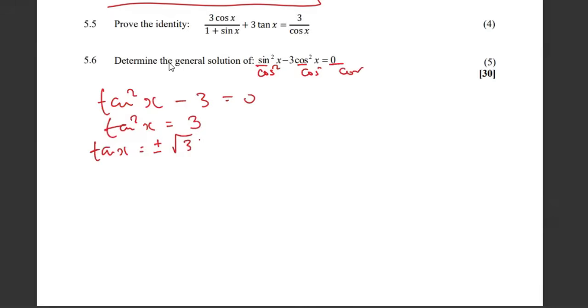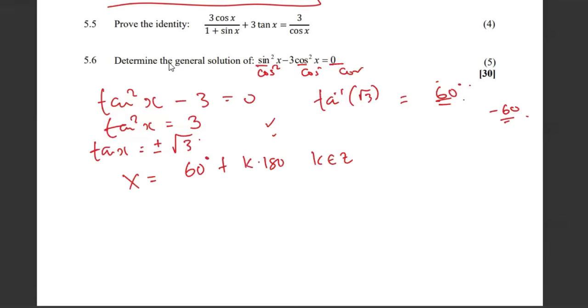Okay, so if that is the case, then we need to get the reference angle. The shift tan of root 3 gives us a 60. That's our first reference angle, if we're looking at the positive part. If we're looking at the negative angle, then it's going to be a negative 60. So if we're looking at the positive, tan is positive in the first and the third quadrants, meaning that x should be 60 plus k times 180, k is an element of integers.